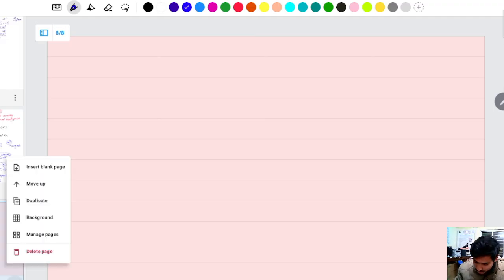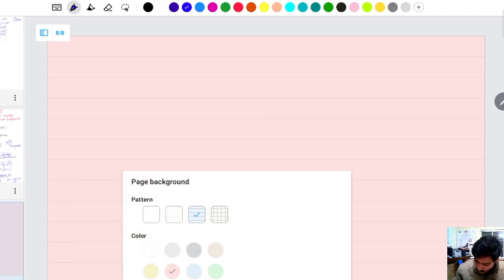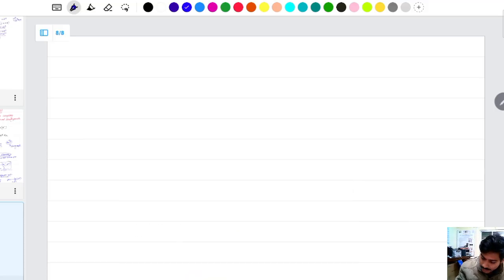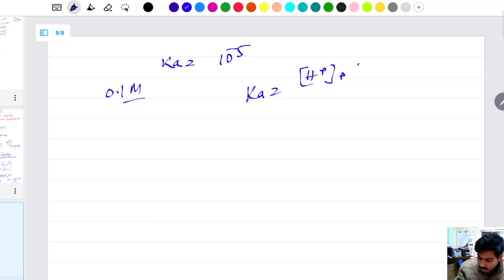Okay, now calculate the pH of the 0.1 molar hypothetical acid with the Ka value of 10 to the power minus 5. So what will be the solution? Ka value is given, 10 to the power minus 5 and 0.1 molar. So already you know Ka equals concentration of H plus ion times concentration of A minus ion by HA.